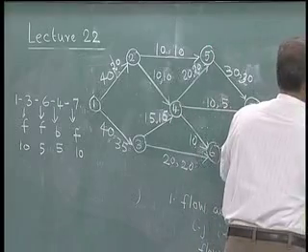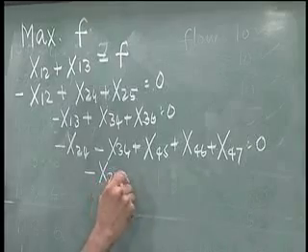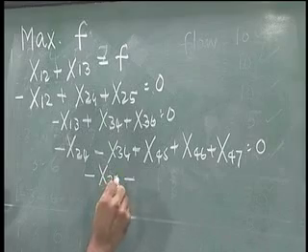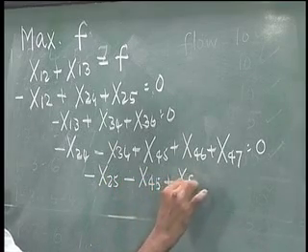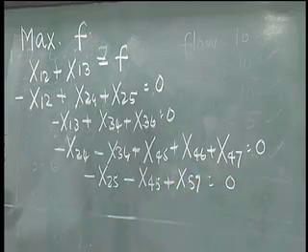For this we will have minus x25 minus x45 plus x57 equal to 0.